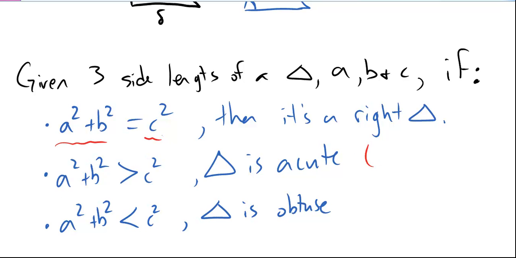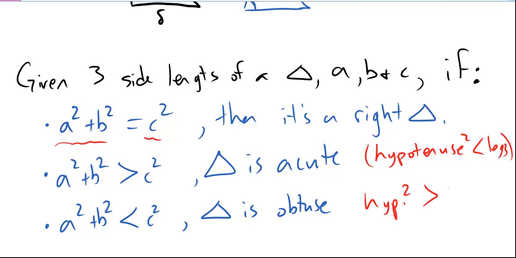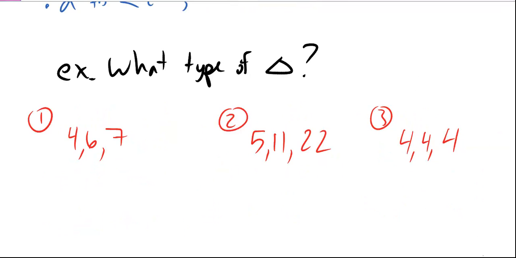If the Pythagorean theorem holds, obviously it's a right triangle. If the hypotenuse squared is smaller than the legs squared sum, then we have acute. And if the hypotenuse squared is greater than the legs squared, then we have an obtuse triangle. And we're going to look at some examples of this. Let me just give you a couple real quickly.